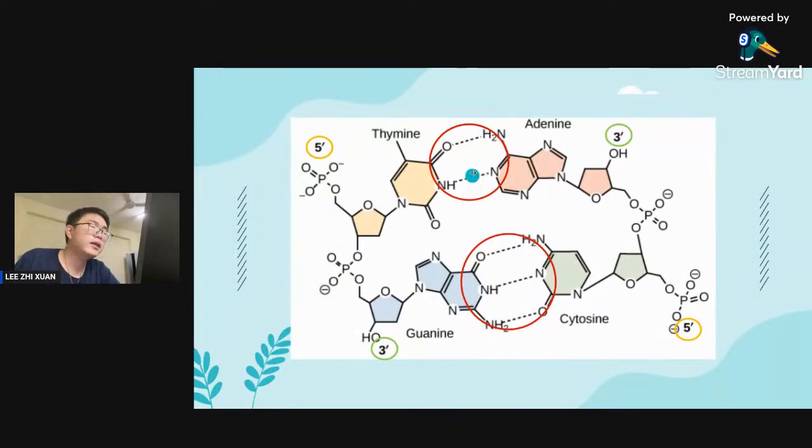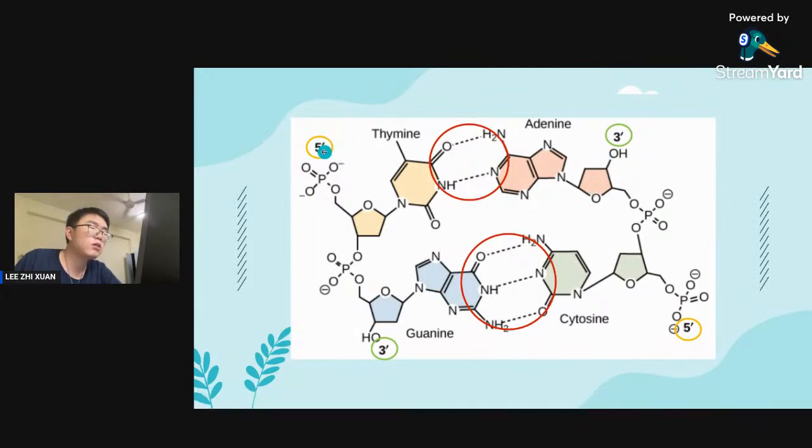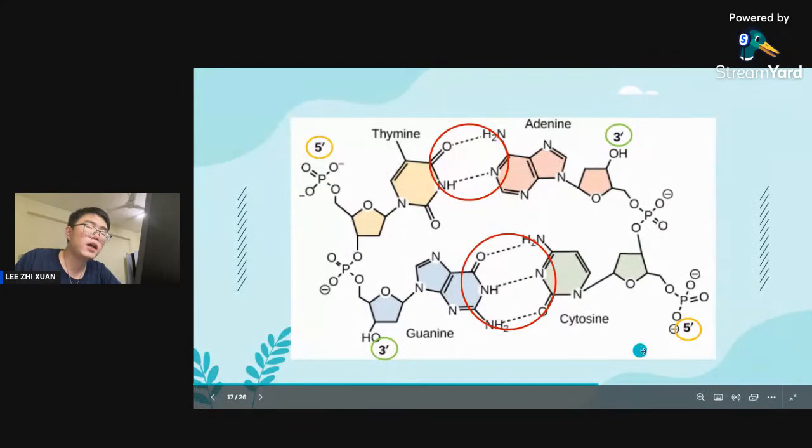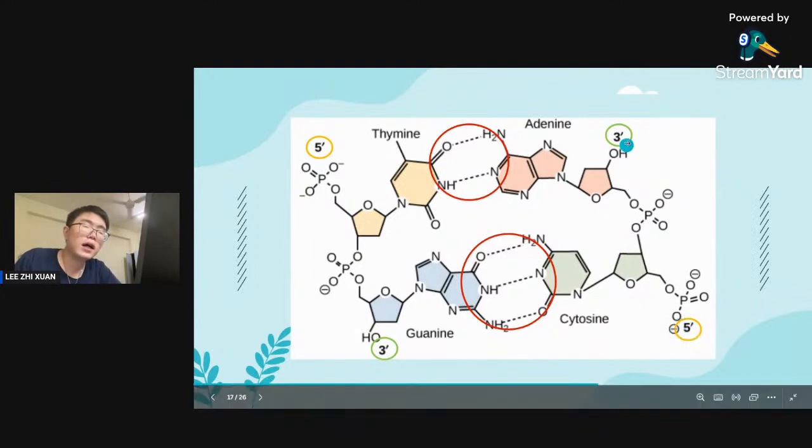Okay, and another thing you can see is that the DNA structure is anti-parallel between the two chains. If this strand is 5 to 3, then the other strand will be anti-parallel, meaning the upper one will be in the 3 direction and the lower one in the 5 direction.